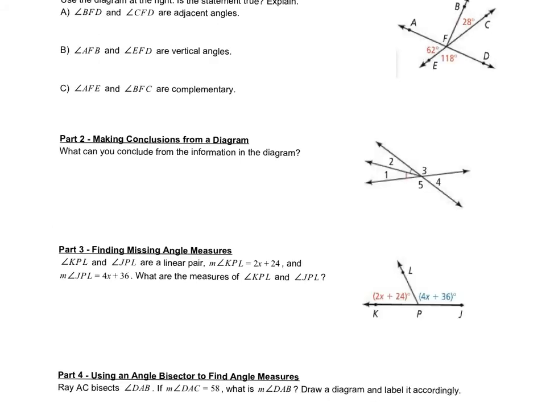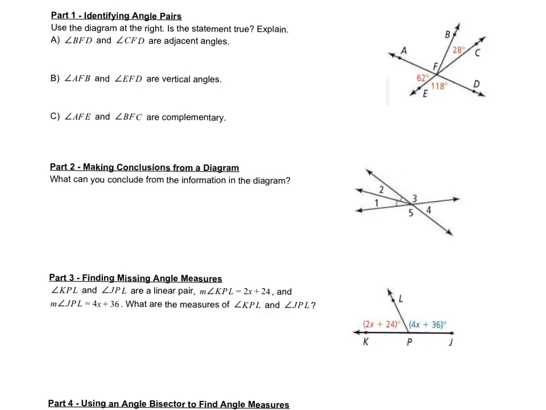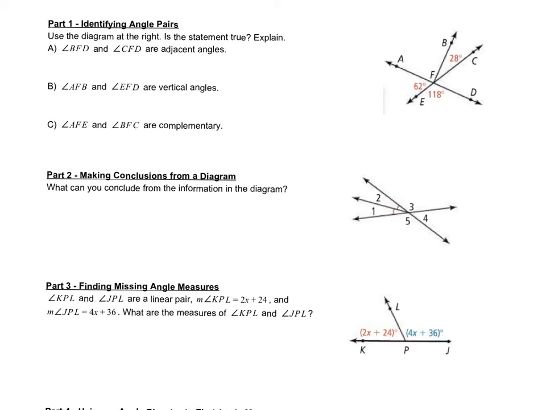All right, so now we have part 1, identifying angle pairs. It tells us to use the diagram at the right. Is the statement true? Explain. The first thing that we want to look at is A, and it says that BFD and CFD are adjacent angles.